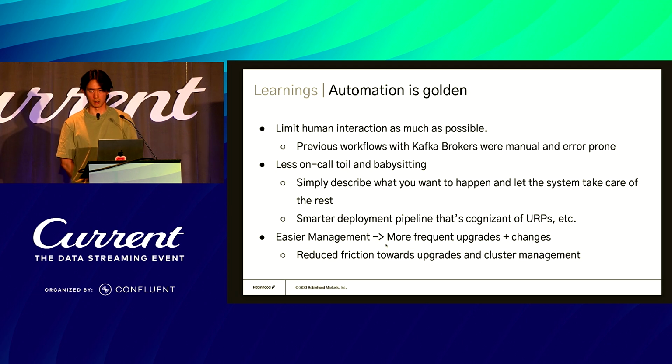What this all culminates in is that if you have easier management of the Kafka clusters at hand, you have more frequent upgrades and changes, but also less friction towards cluster creation. Previously, in our EC2 world, you would have these kitchen sink clusters because we wanted a large cluster that satisfied a lot of needs.